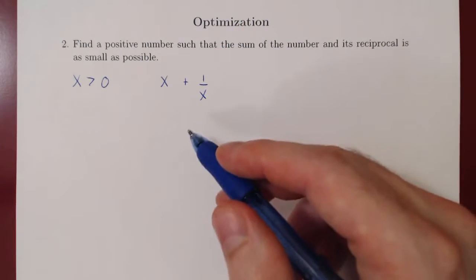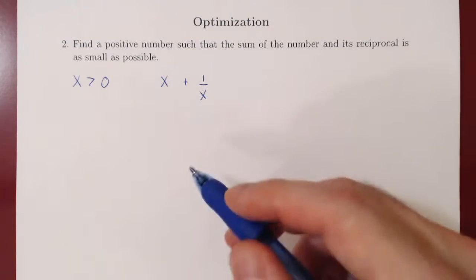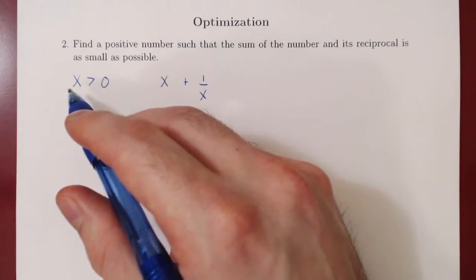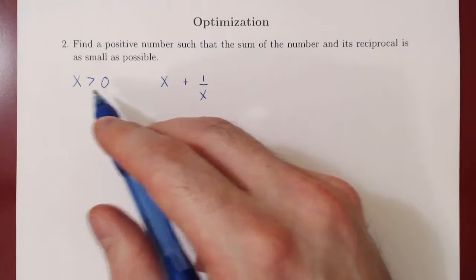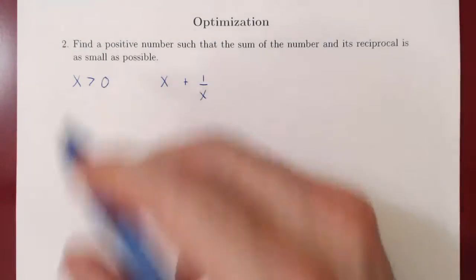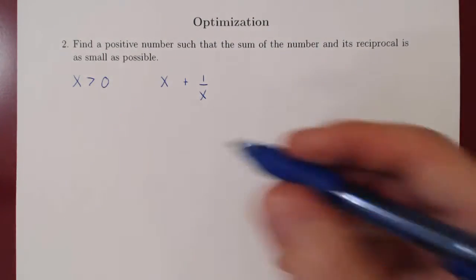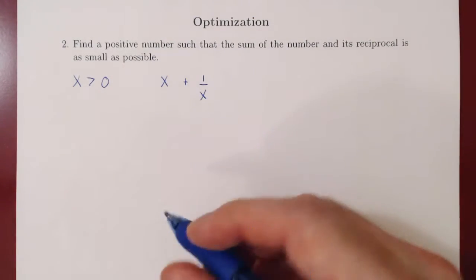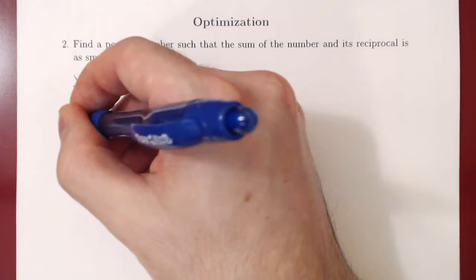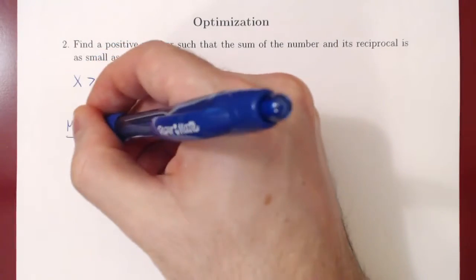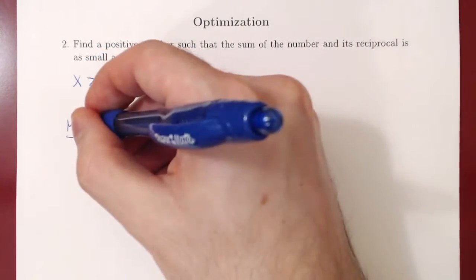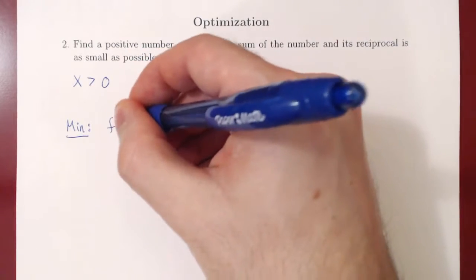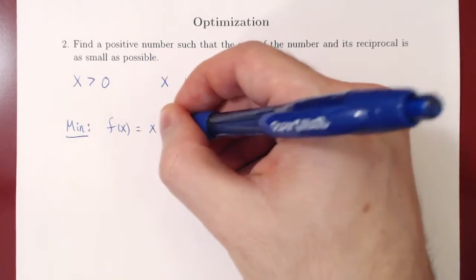So let's write down, this is f of x, and then our interval will be for positive real values, from 0 to positive infinity. And we want to minimize this quantity. I'll just simply write min for minimizing. We want to minimize the function f of x, being x plus 1 over x.